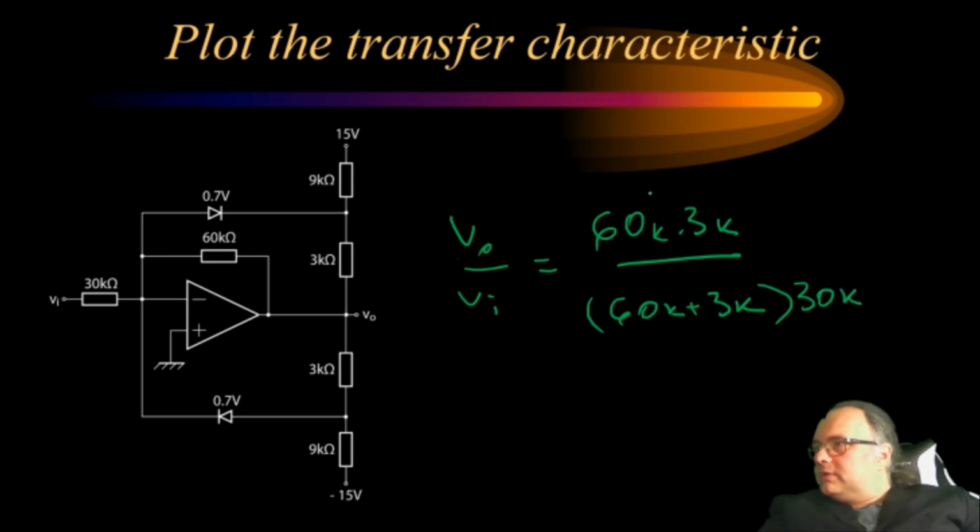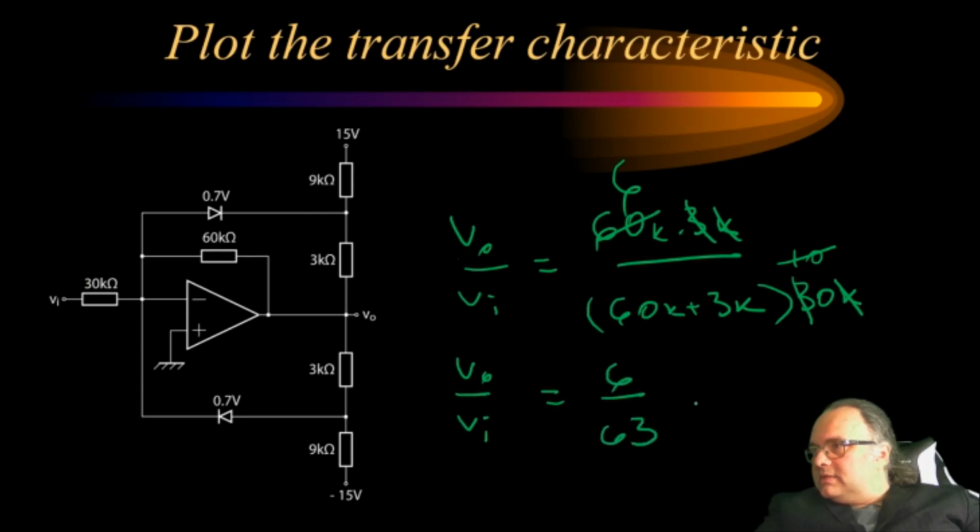Let's see what I'll get. So this is 1K from here. This will go, so this is 10. This will be just 6. So I have V out over V in, 6 divided by 63.